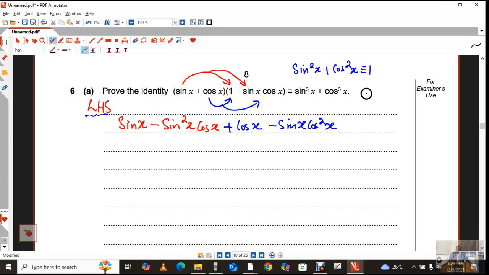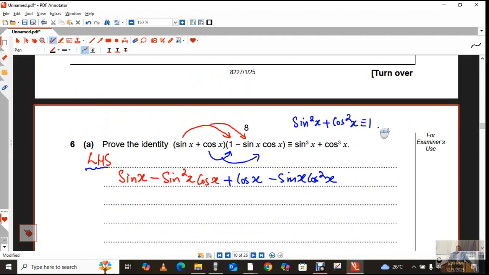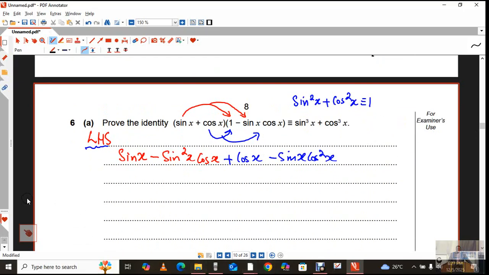We know that sin square x is going to be 1 minus cos square x. Another one is cos square x, which is identical to 1 minus sin square x. Why is that important?